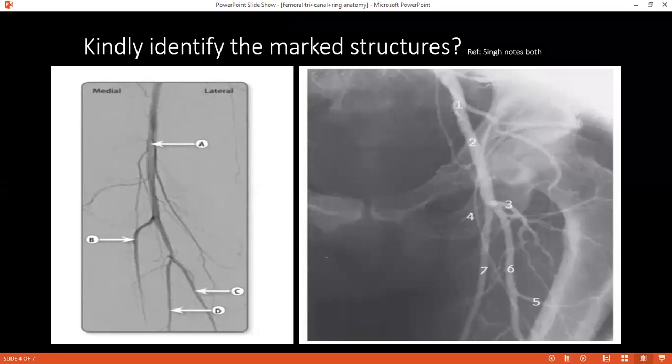So which vessel is this? Because it says lateral, medial, it should be easy for you now. Looks like the popliteal. Yes, very good. And B is the posterior tibial, I think.